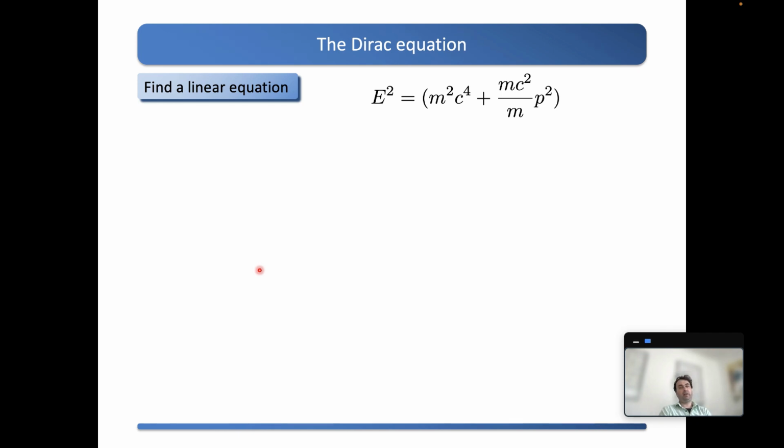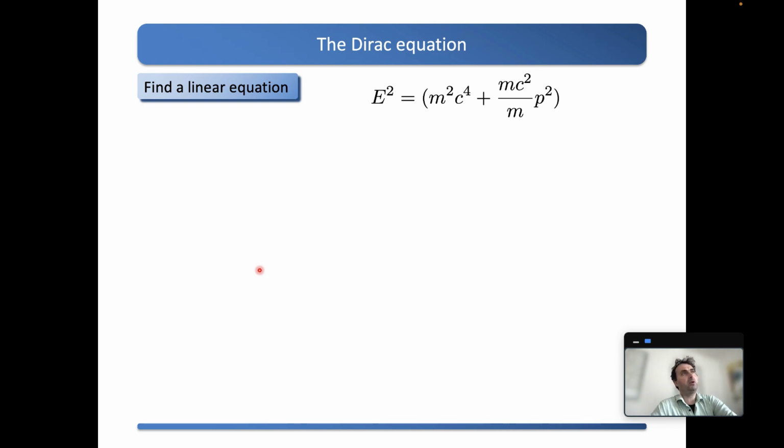He knew that we have the energy momentum dispersion relations, that if you replace them in the non-relativistic limit with the operators of the time and space derivative for energy and momenta, you get the Schrödinger equation that reasonably worked. But if you do that for the quadratic equation, you get a Klein-Gordon equation which does not work.